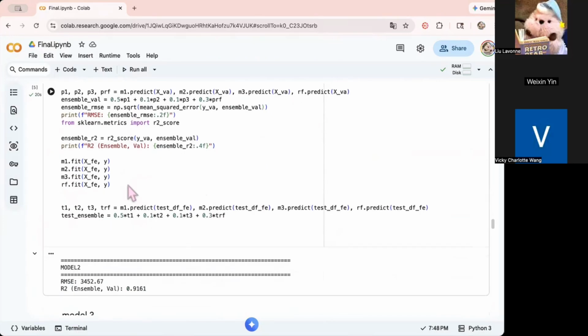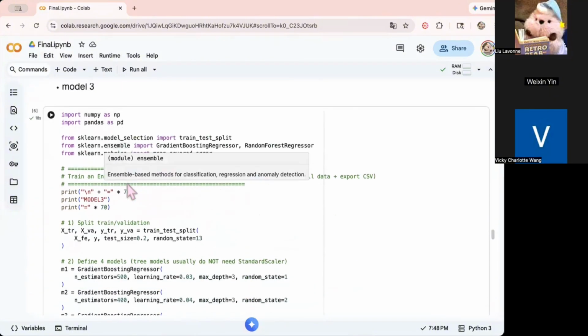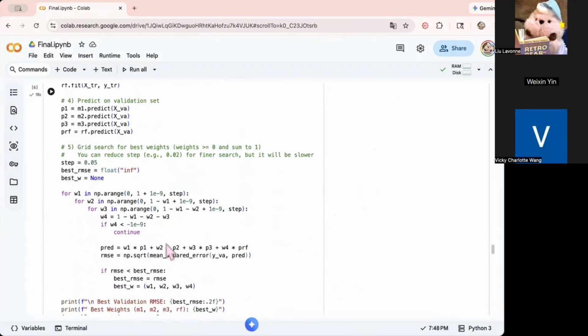We run a grid search over many weight combinations on the validation set and choose the weight that gives the lowest validation RMSE. This lets the data decide how much each model should contribute, and it usually performs better than fixed or average weights.